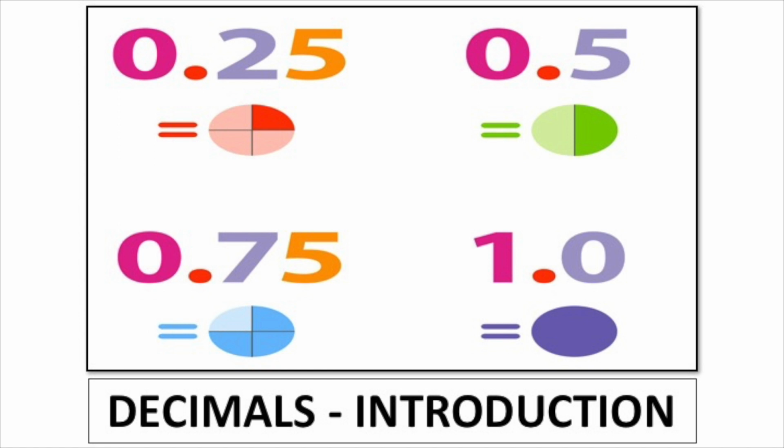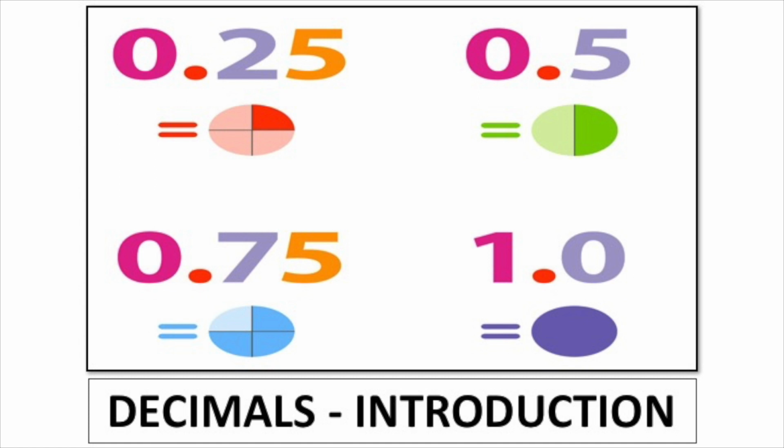Introduction. Yes. And as we learned earlier, one of the best ways to learn about decimals is to take our knowledge of fractions and then turn them into a decimal. So here we can see the different parts of the circle. Who can remember what this is as a fraction? 1/4, yes.